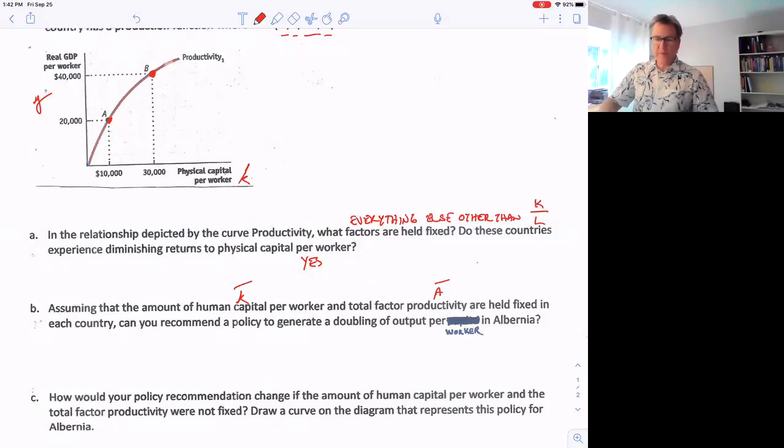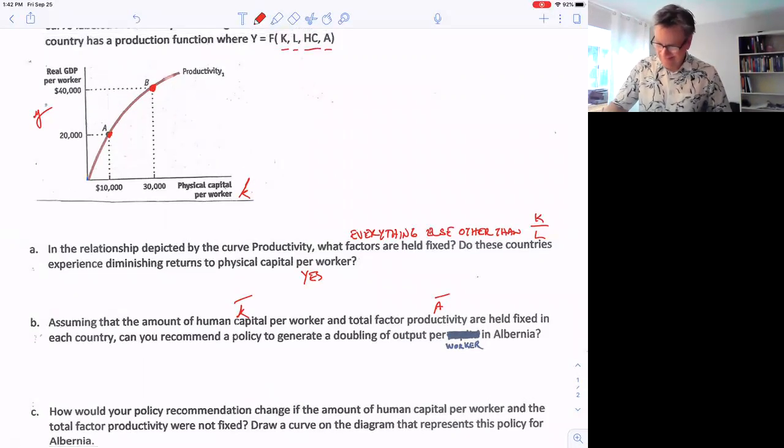Oops, I made a mistake here. Human capital per worker, HC over L, not physical capital per worker. That's different. Now we're saying that's held fixed and A is fixed. Can you recommend a policy to generate a doubling of output per worker?